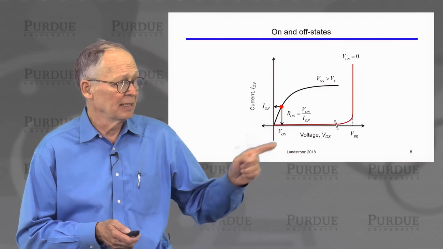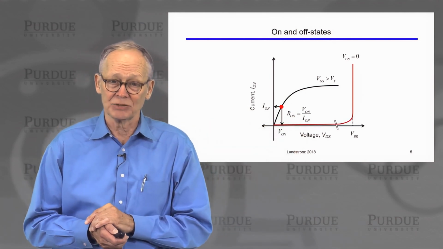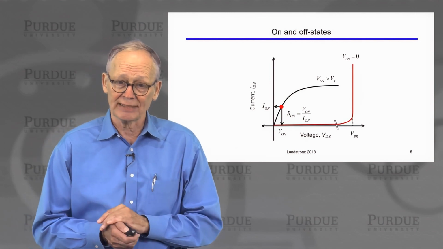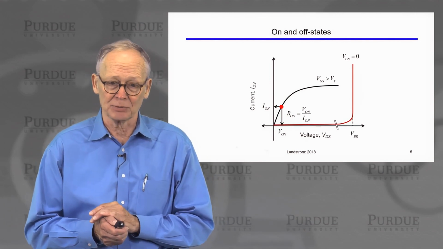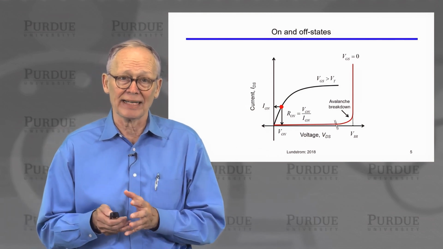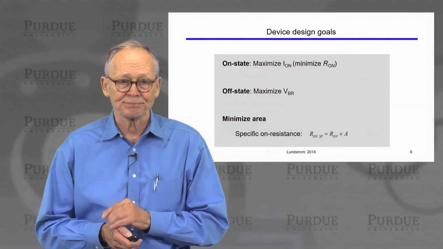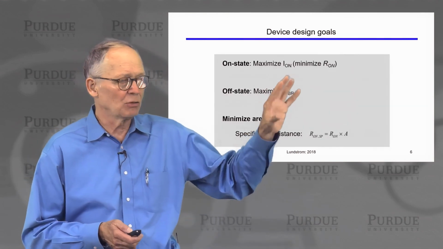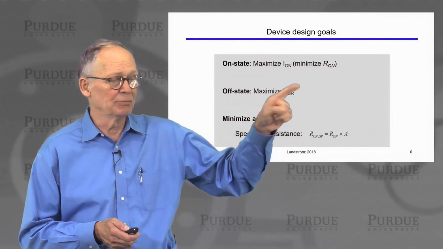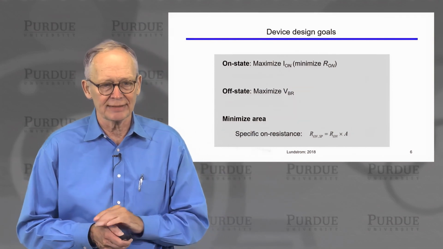Now in the off state, we'll crank the voltage up very large. Eventually the device will break down. We'd like that breakdown voltage to be as large as possible. So that breakdown will generally be determined by avalanche breakdown in the semiconductor itself. So our device design goals are very simple. We'd like to maximize the on current when the switch is closed. That means minimize the on resistance.